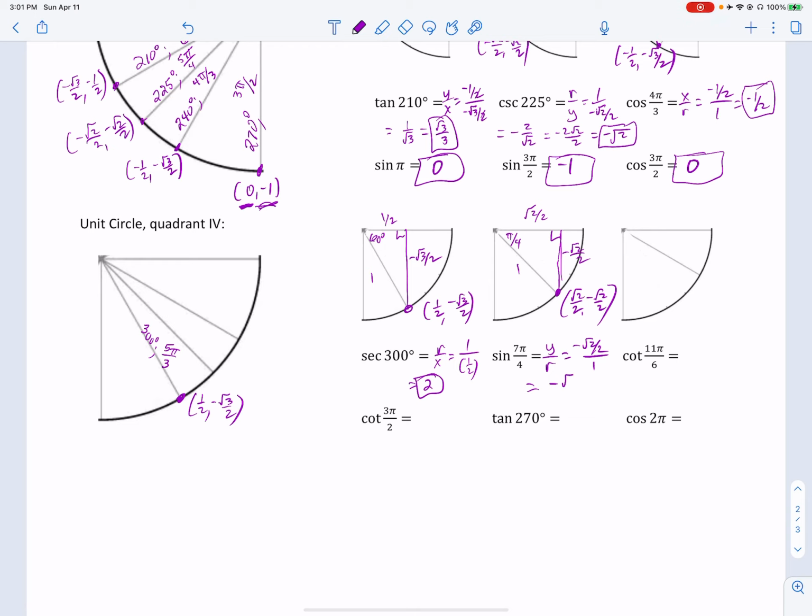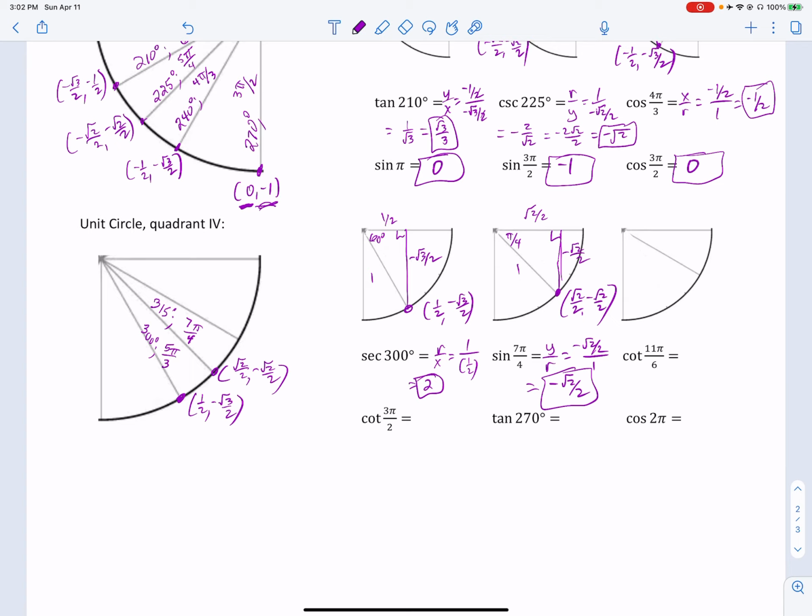And so it's negative root 2 over 2. So at that 45-degree reference, you're to the right root 2 over 2 and down negative root 2 over 2. And that is 315 degrees, or it is 7 pi fourths, 1 pi fourth short of a full rotation.